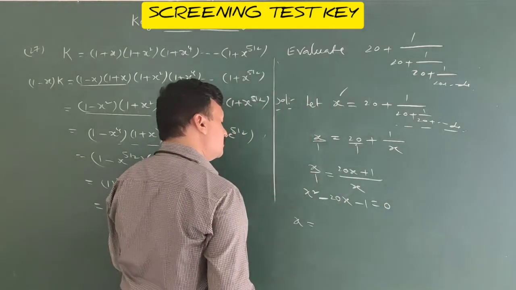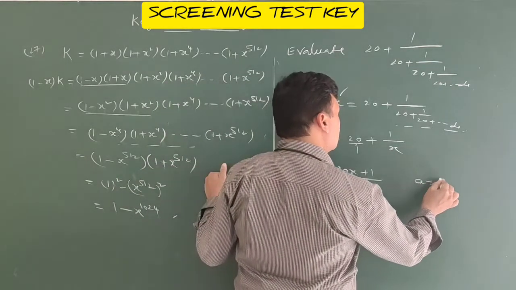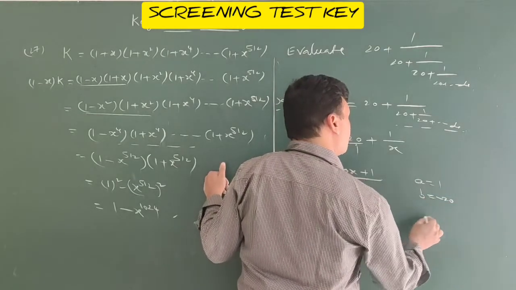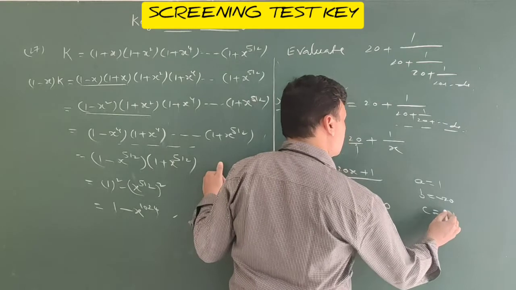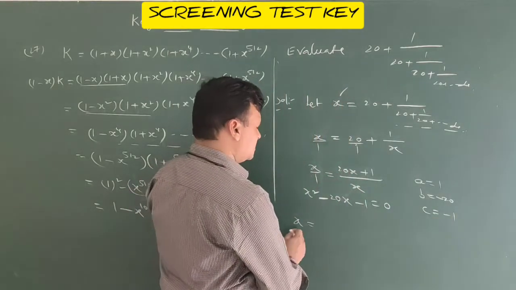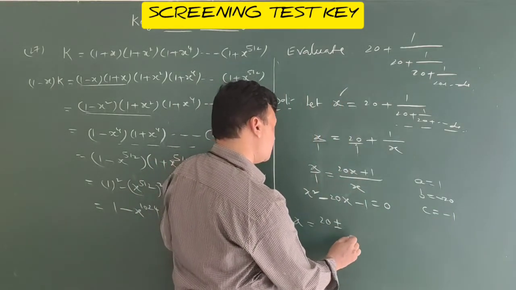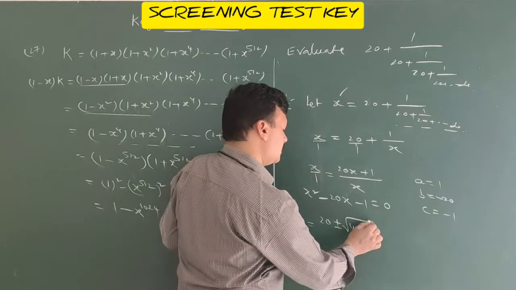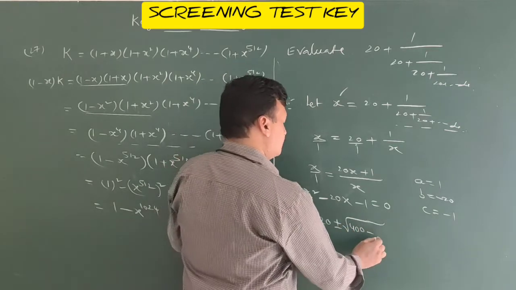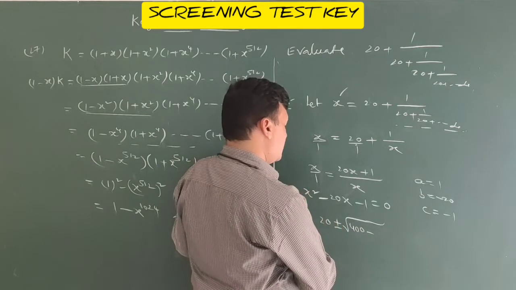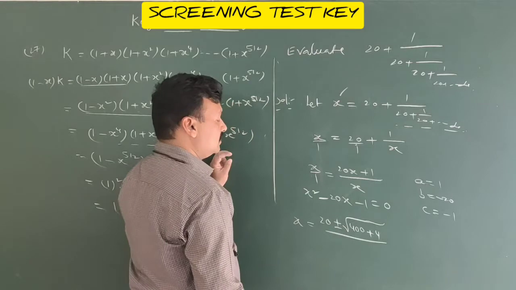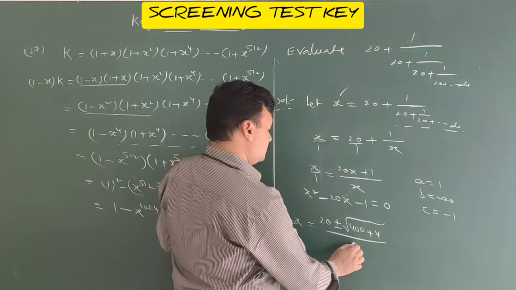Here a is 1, b is minus 20, c is minus 1. So x equals minus b plus or minus root of b square minus 4ac, by 2a.